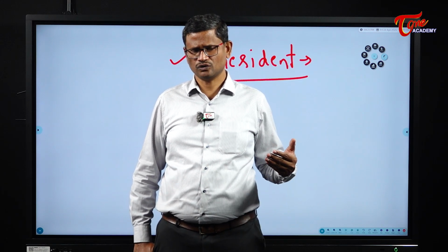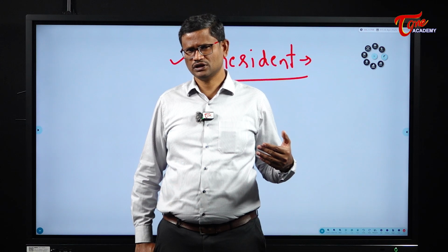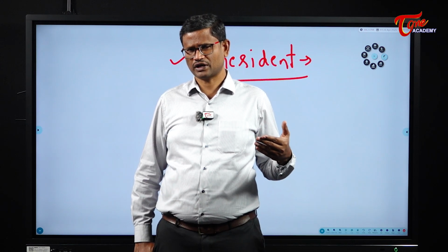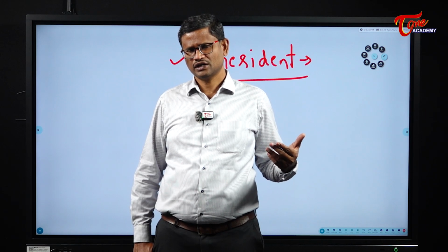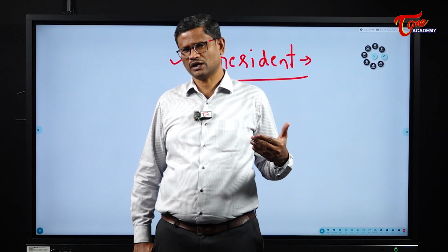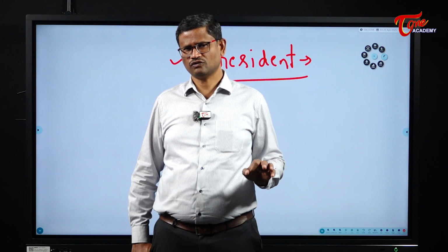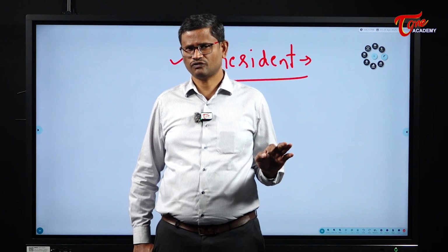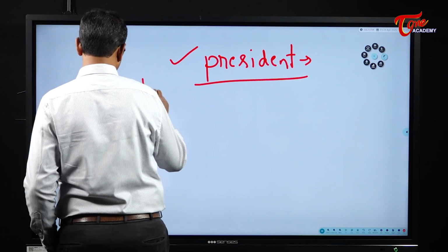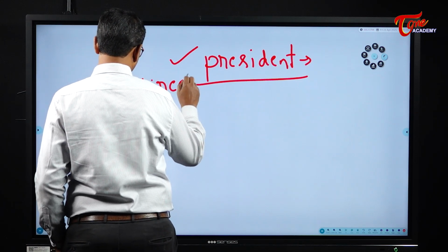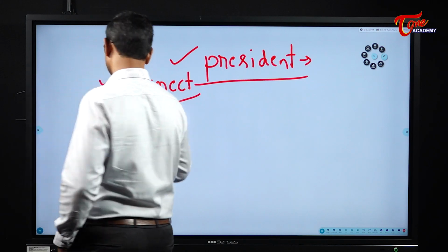As I said just now, in parliamentary democracy, the real powers are with the prime minister and council of ministers. If there is a directly elected president, then it is not in sync with the parliamentary democracy. So that's the reason why in India we have provided for an indirect election to the office of the president.